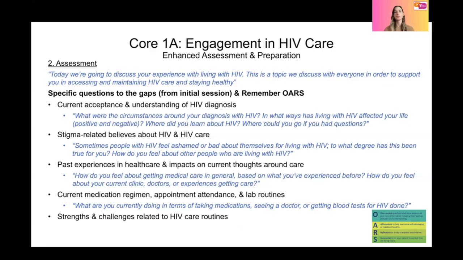So checking in on what their circumstances were around their diagnosis, in what ways it has affected their life, and in what ways they experienced stigma, both from others and from within. Acknowledging the experiences they have had in healthcare, what it's been like with doctors and clinics or other medical personnel, what their current medication regimen is, attendance to appointments, if they're able to get labs, and general strengths and challenges related to their HIV care routine.